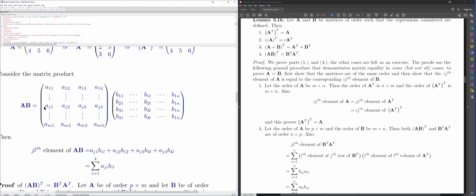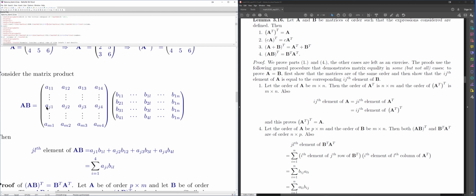So I have the jth row of A and the lth column of B, and when I multiply the jth row of A against the lth column of B, what I get is the element of AB that's in the jth row and in the lth column. So I get a specific element of AB.